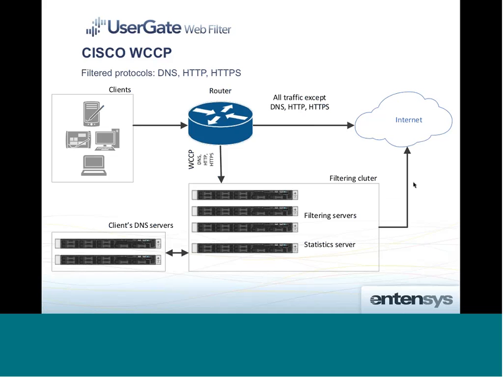Cisco routers can be configured so that some kind of traffic, and we need only HTTP, HTTPS, and DNS, can be sent to an offloading proxy device, or web cache, as they call it. A router will route all other traffic directly to the internet, and traffic which needs to be filtered to our servers.